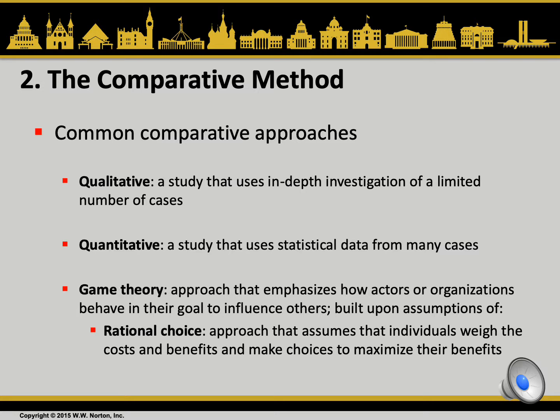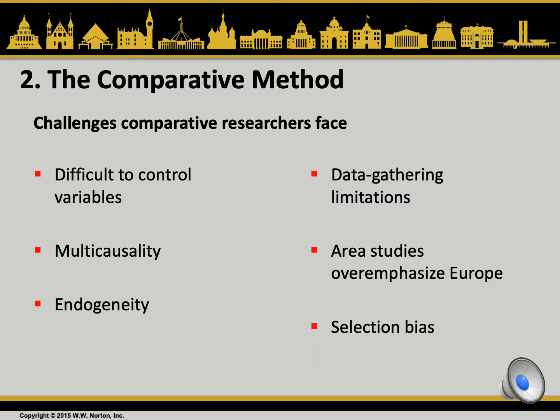And then there are ways that the comparative method and frankly social and political science in general is really challenged by the difficulty in controlling variables, very much unlike the hard sciences where there are tremendous constants and very rigid cause and effect relationships. Not so in the social sciences, political science.